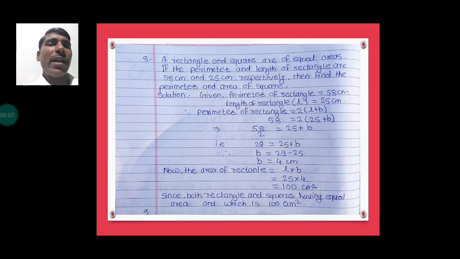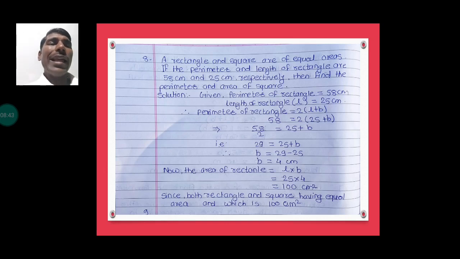So 58 divided by 2, which is equal to 25 plus B. 58 divided by 2 is 29, since 29 twos are 58. Therefore B is equal to 29 minus 25, which gives the difference as 4 centimeter.